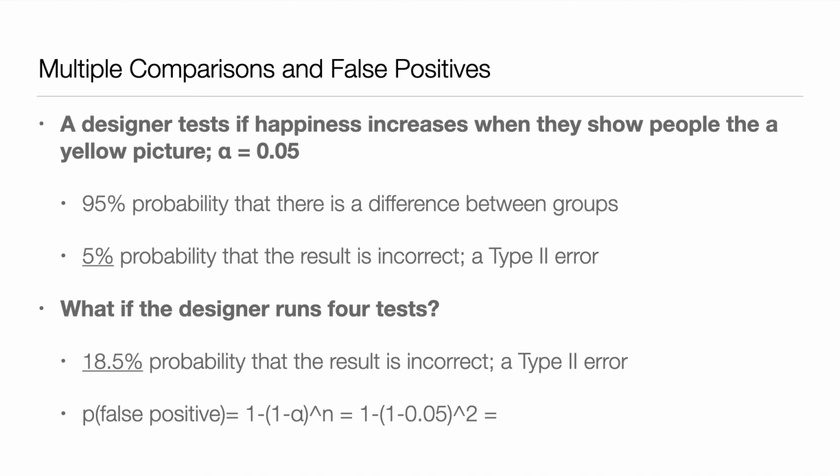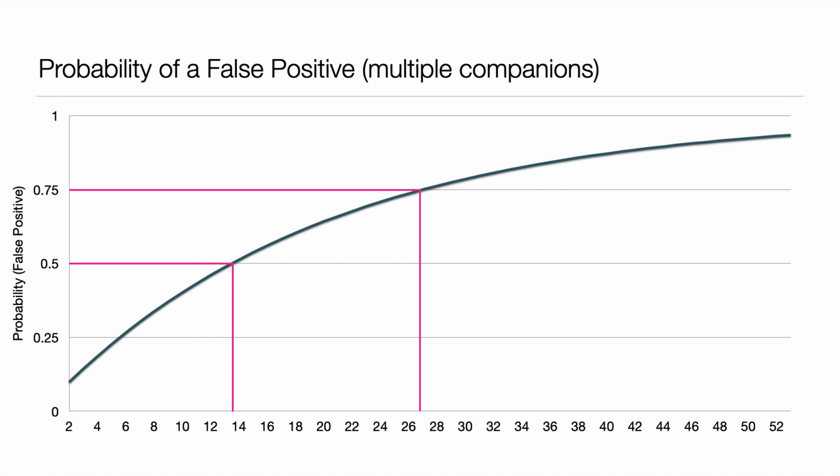Let's have a look at that on a large scale. So if you run 13 or 14 tests, you have a 50% chance that one of those tests is a false positive, type 2 error. If you run 27 tests, you have a 75% chance that one of your results is a type 2 error.